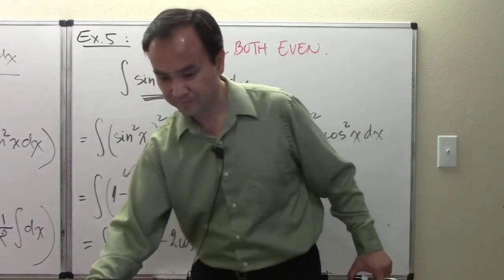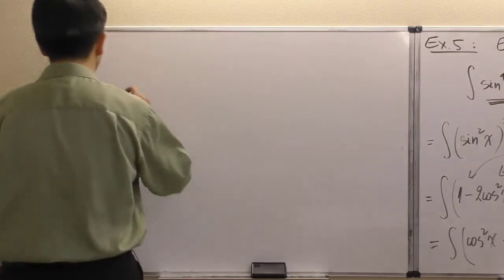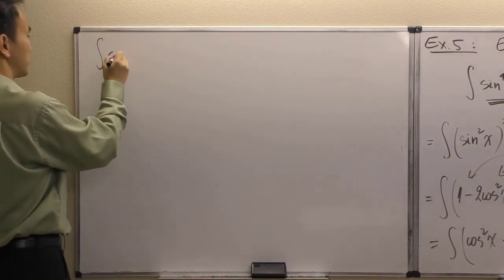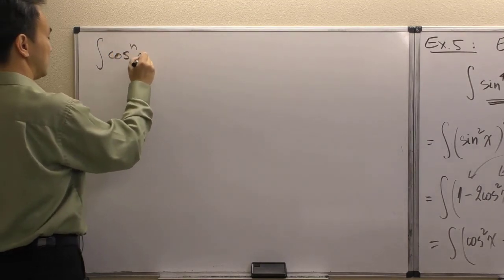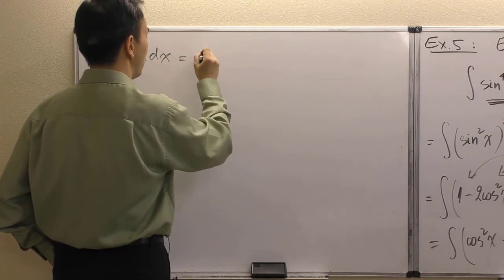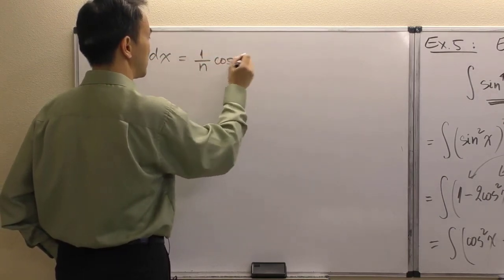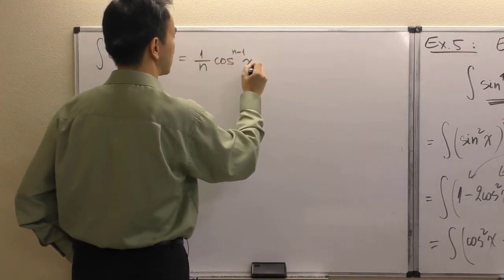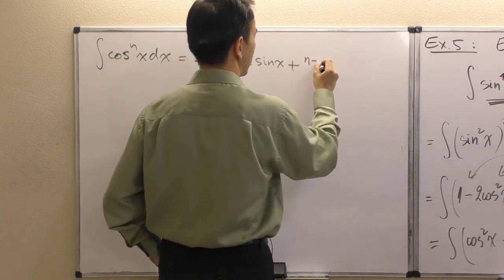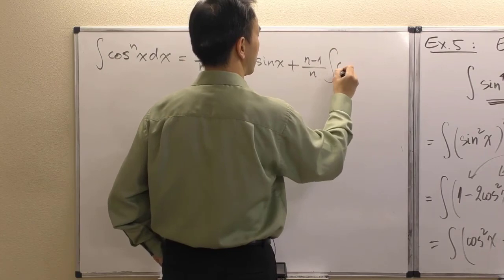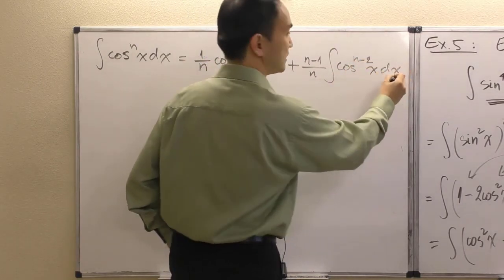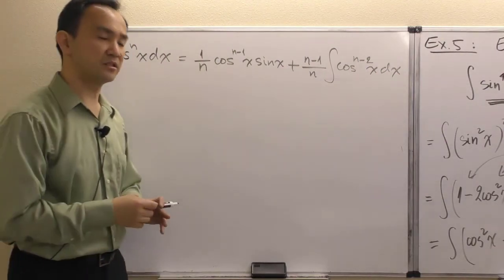As a reminder, the reduction formula for cosine to the nth power of x says we need 1 over n times cosine to the n minus 1 of x times sine of x. Okay? And then we add n minus 1 over n times the integral of cosine to the power n minus 2 of x dx. And that's the reminder about the reduction formula.